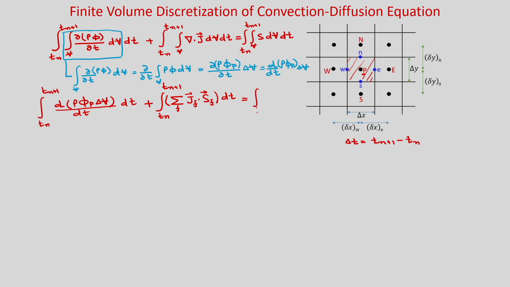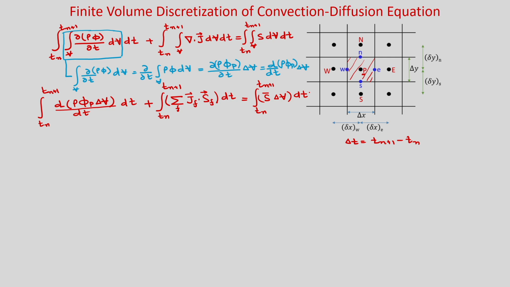And similarly the last term also. You are taking T n to T n plus 1 and you are now averaging over the cell, and the cell value you are taking at the cell center. So, this is your S bar at the cell center P you are taking, and delta V and dt.